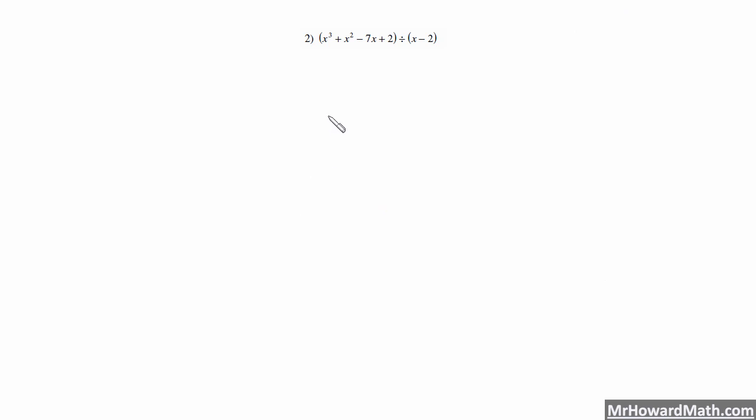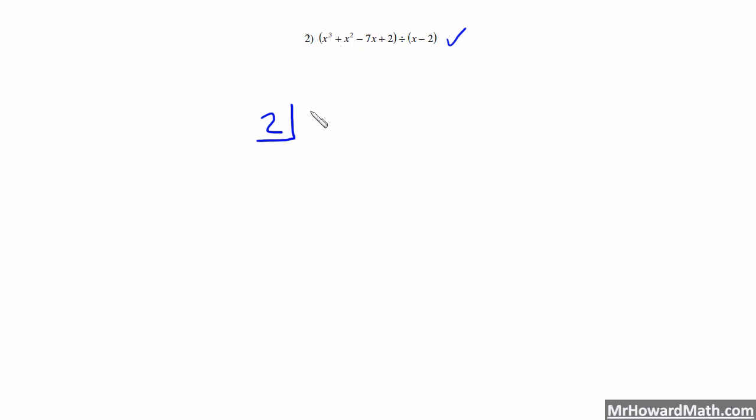Alright, here we have example 2. So we have x minus 2 is what we're dividing all of this by. So we have a leading coefficient of 1, so it's a candidate for synthetic division, so that's good. And remember, instead of a minus 2, we're going to use a positive 2 here. We'll use the opposite sign, put our little brace. Now we list each of these coefficients.